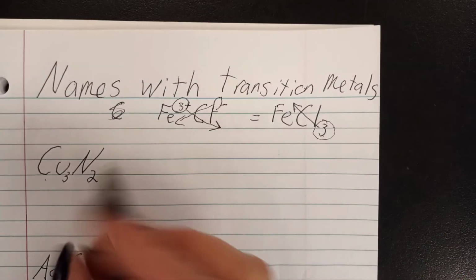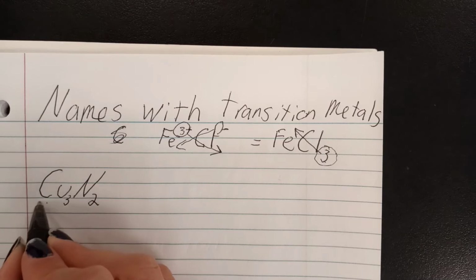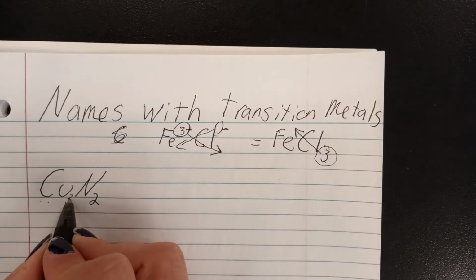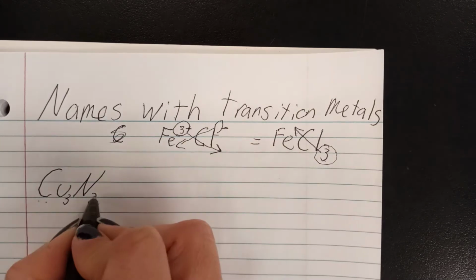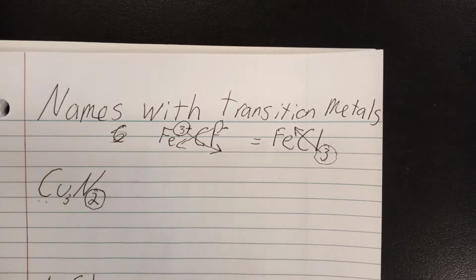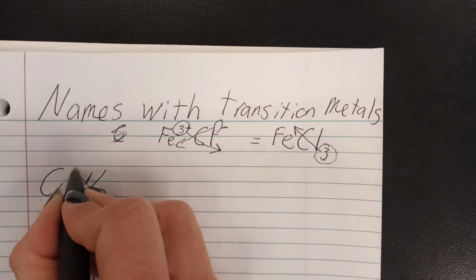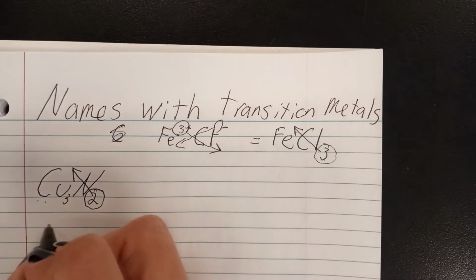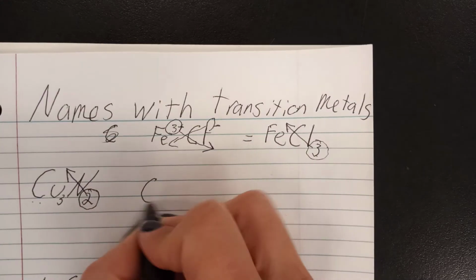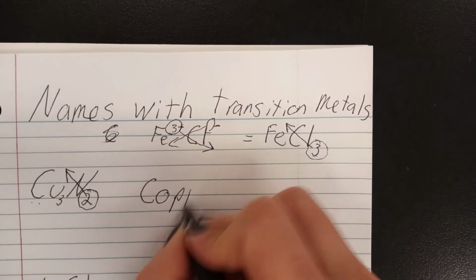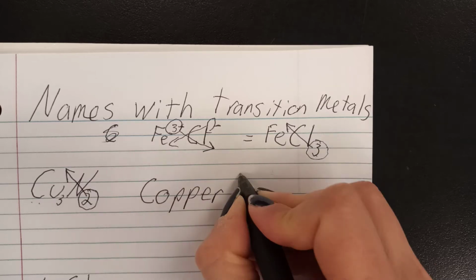So in my first example here, I have copper, which is a transition metal, so I'm going to need a Roman numeral. I can take this 2 from the nitrogen and bring it up here to that copper. And I would call this copper 2.